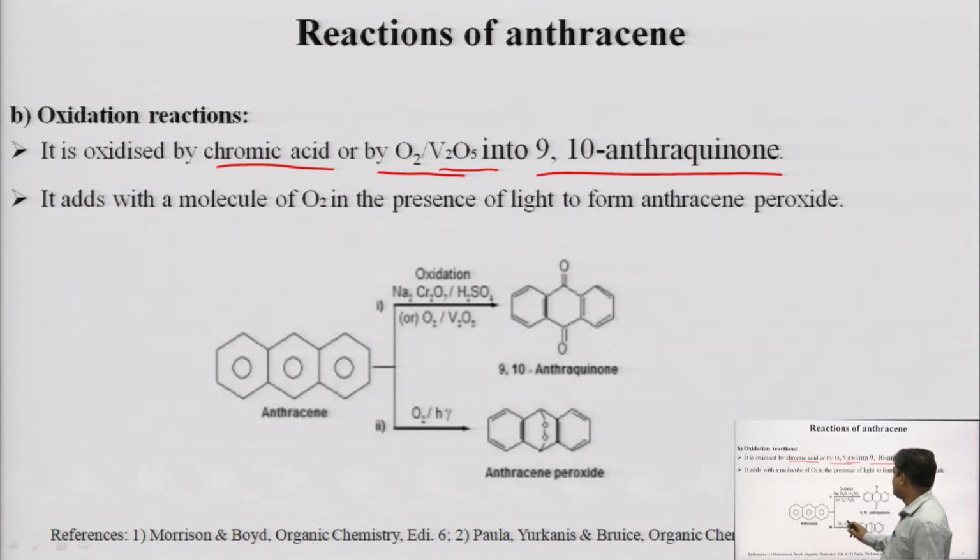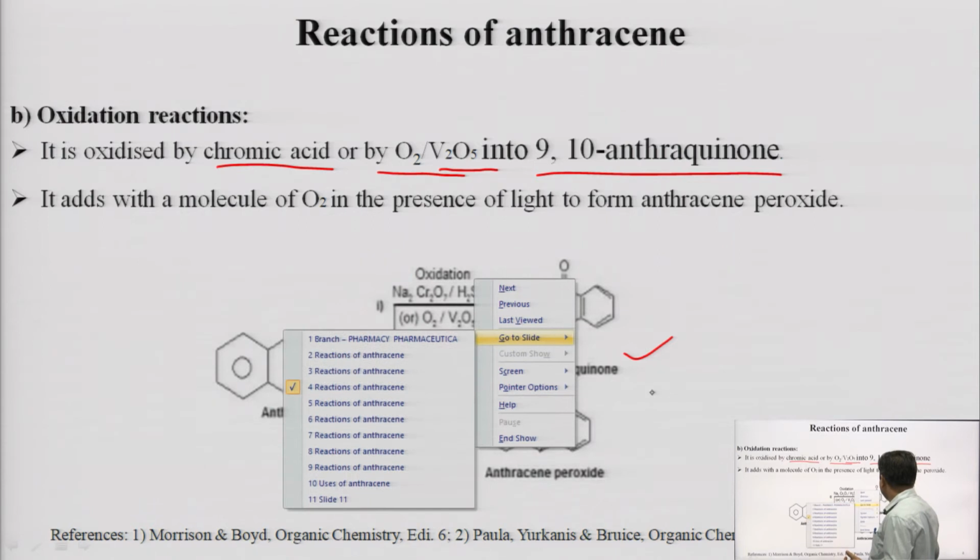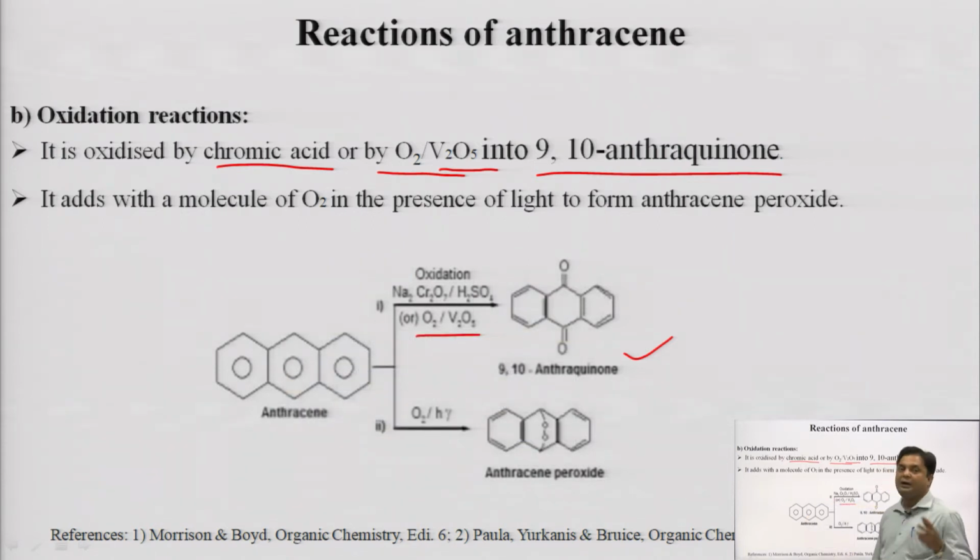So, in the presence of chromic acid or sodium dichromate and H2SO4, or oxygen and V2O5, we are getting 9,10 anthraquinone. Here, at the 9 and 10 positions, one atom of oxygen is added to each position, and we are getting 9,10 anthraquinone. This is a very important molecule.